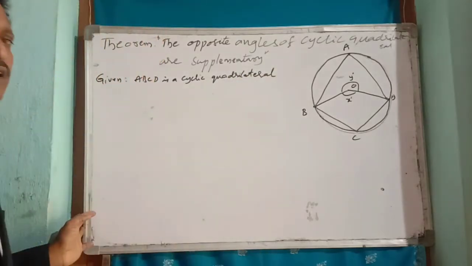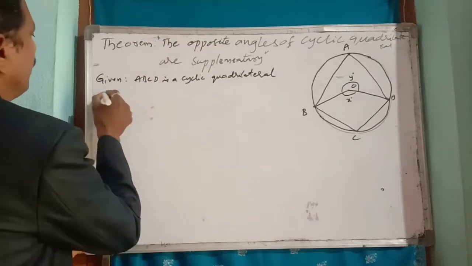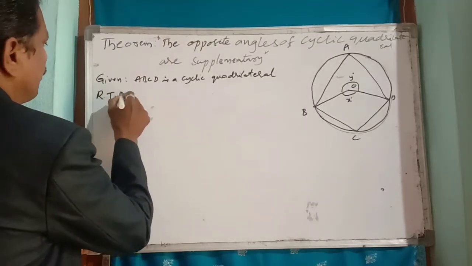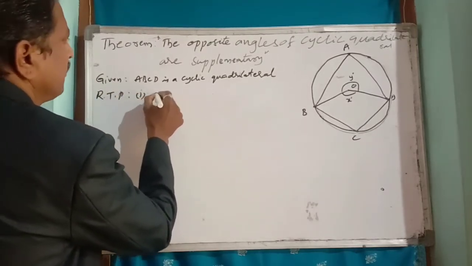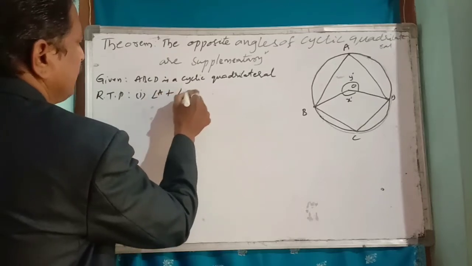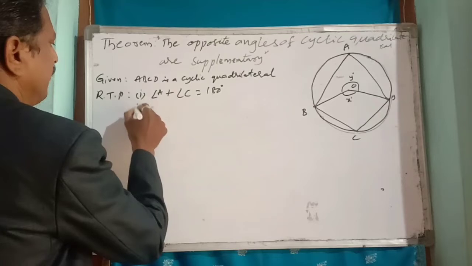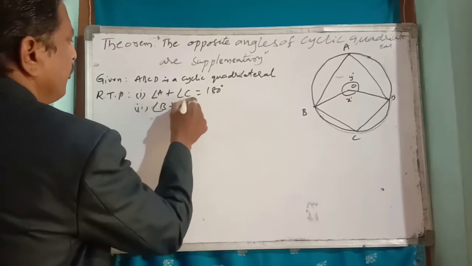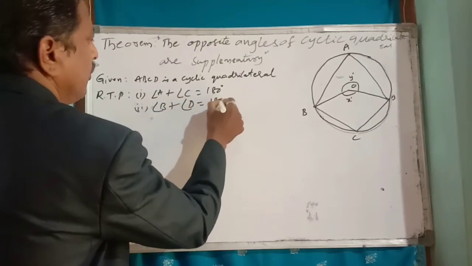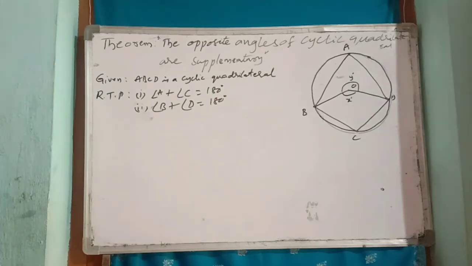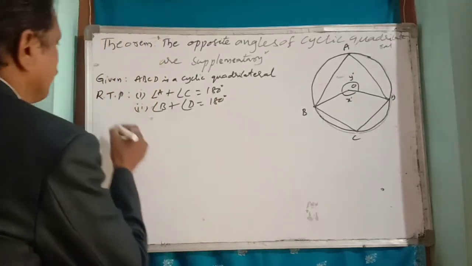What we have to prove: angle A plus angle C equals 180 degrees, and second, angle B plus angle D equals 180 degrees. So here is some construction.